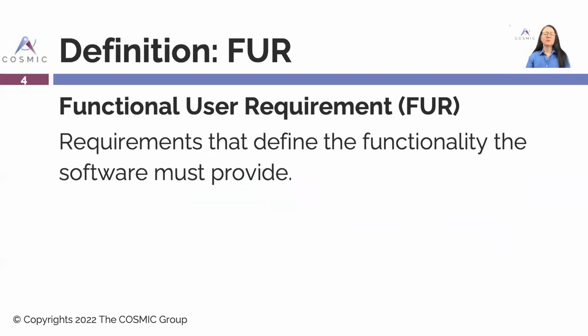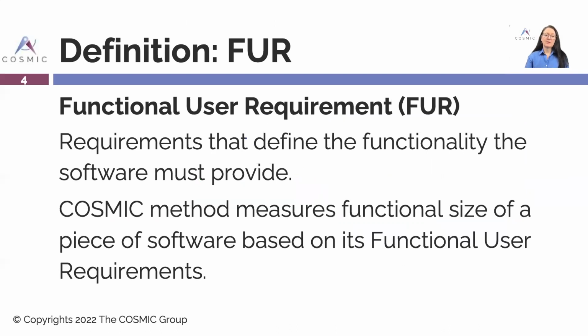The measurement we will do is based on functional user requirements, which are the requirements that define the functionality the software must provide. The COSMIC method measures the functional size of a piece of software based on its functional user requirements.